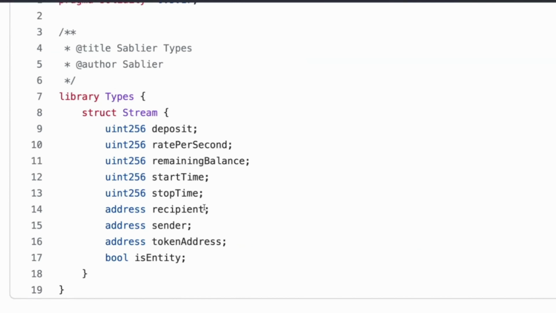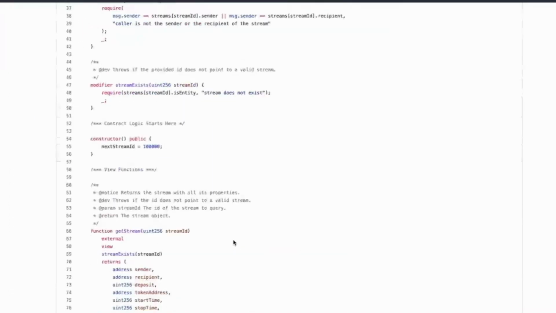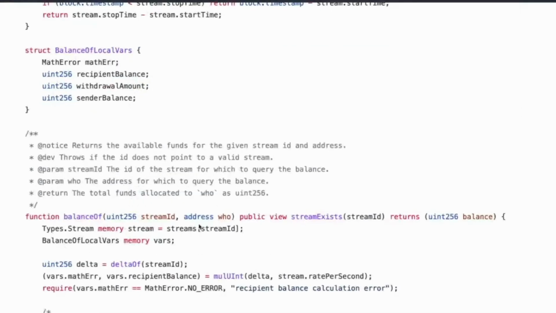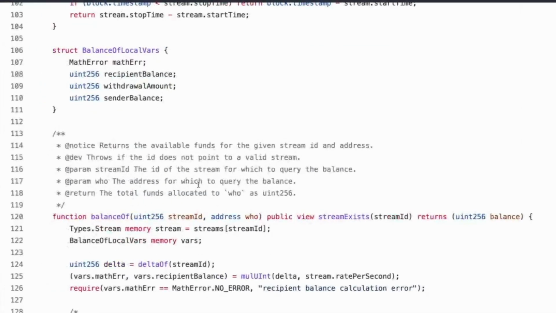So if you go back to the code, it's weird that we have the address who, because let's see, who, the address for which the query, the balance. But a stream will only. Oh, you know what it could be? Is stream ID address maybe sender, or you can do it from the other side and say you're in stream ID address recipient.